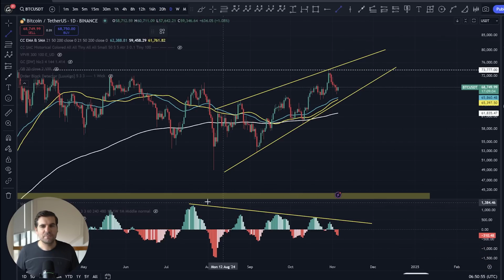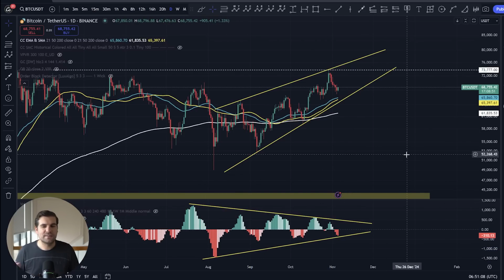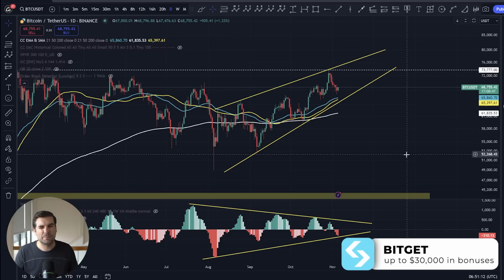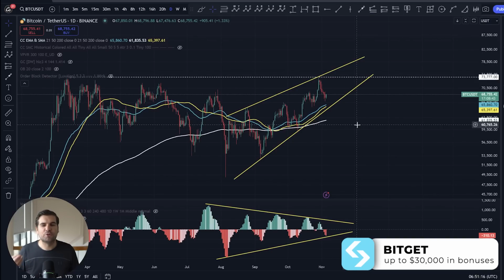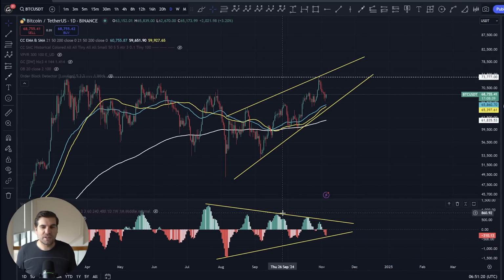But at the same time, we have higher lows, and we have the histogram also condensing down, showing weakness in selling, weakness in buying, and we're ultimately in this rising wedge pattern, which is going to be a catalyst for big change in the market. Okay, so something big is brewing for BTC, and it's just a matter of time before we kind of get there.